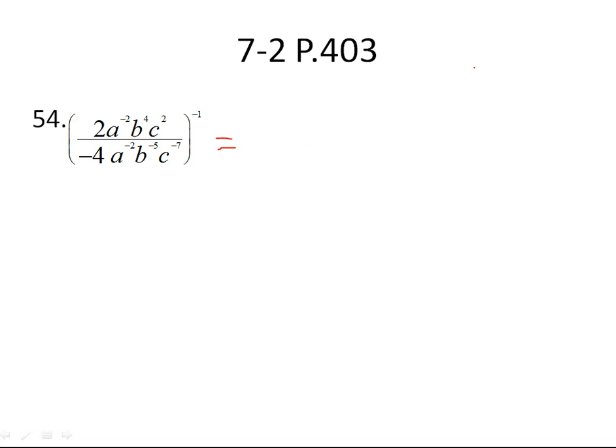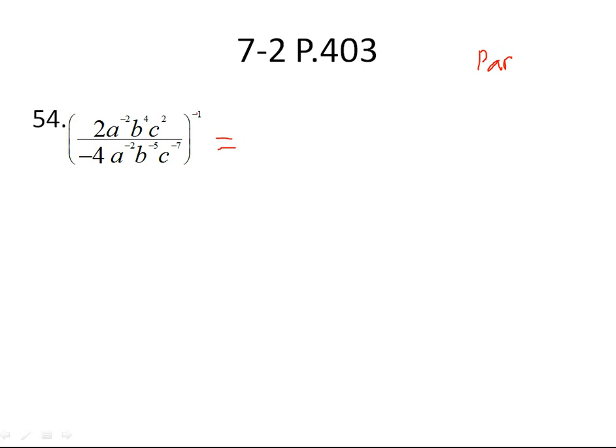Let's go ahead, as we did before, and get rid of the parentheses first. In order to get rid of the parentheses, we want to take this exponent and apply it to every factor in the numerator and the denominator. Just because this is negative doesn't change its properties.